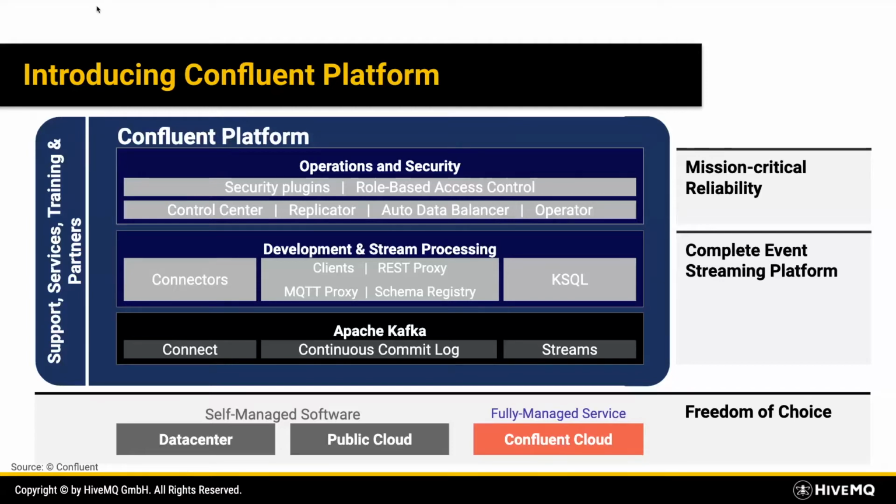And what you see here on the left side, this is true for HiveMQ as well as Confluent. You get professional support, professional services, trainings, and really a partner network around the globe if you go with these offerings that can help you get going.